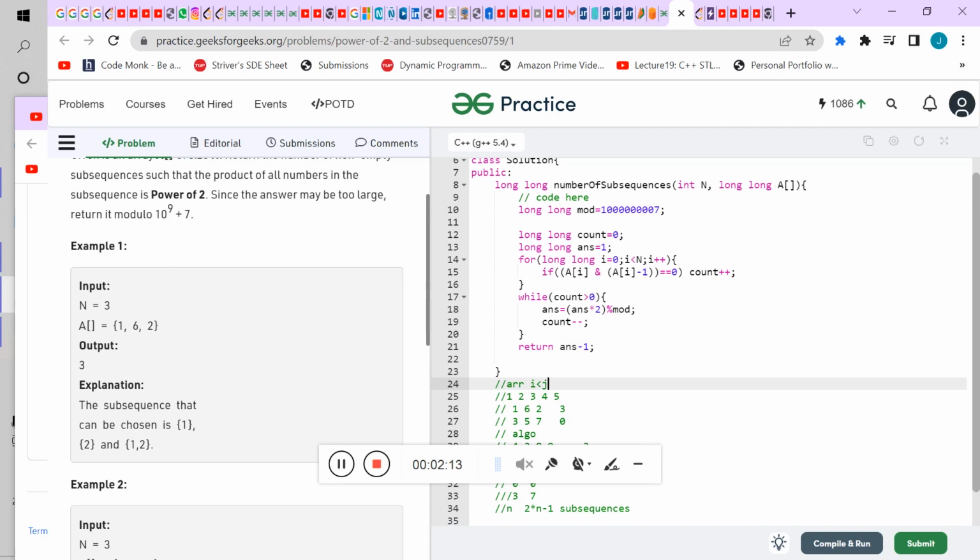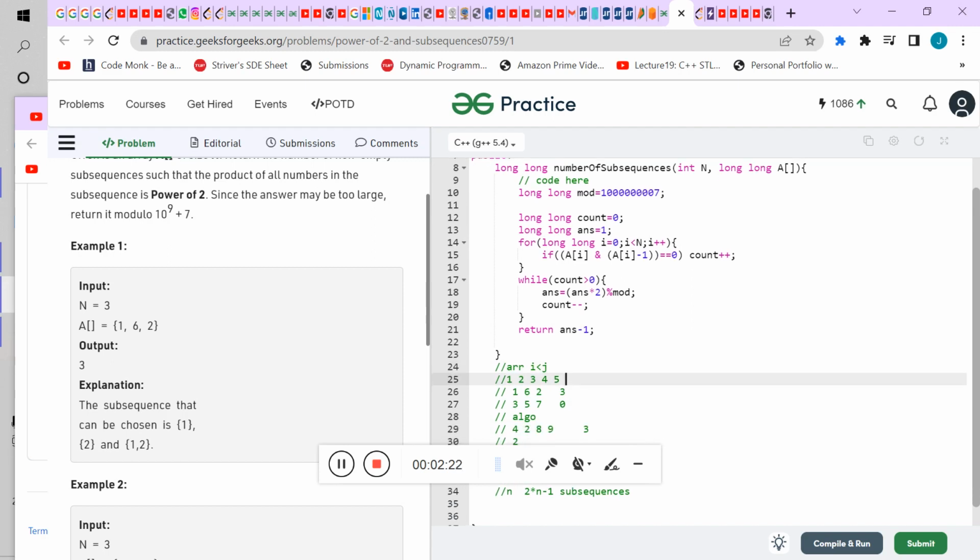So let me tell you how you will approach the question if you find this question anywhere. Suppose I am taking the example 1, 6 and 2. Now I notice that in this array there is an element that is 1. 1 is a power of 2, that is 2^0 is 1, so it may be treated independently as a subsequence.